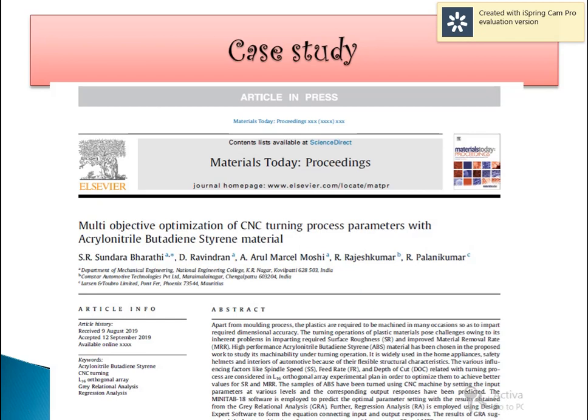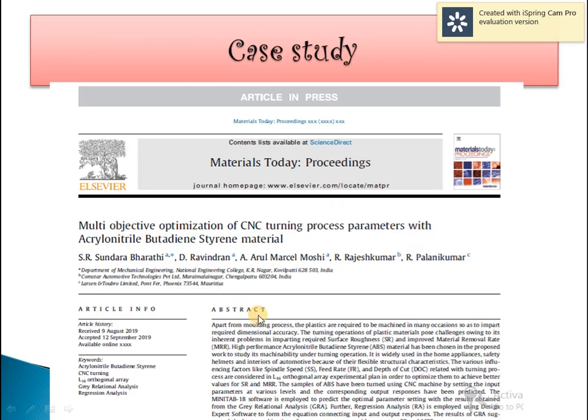So with the aid of a case study, we will explain how to generate the regression models for the specified cases. Okay, so this is a research article published by S.R. Sundara Bharati, D. Ravindran, A. Arul Marcel Moshi, R. Rajesh Kumar and R. Palani Kumar in the year 2020.